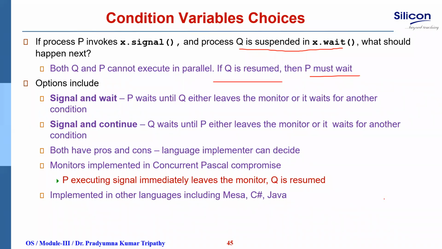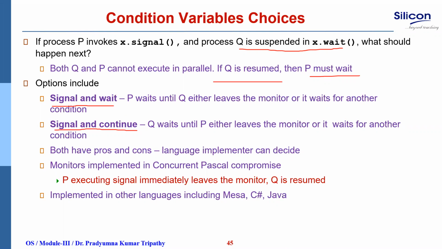So what options can we include here? With the condition variable, we may have either signal and wait, or signal and continue. With signal and wait, P waits until Q either leaves the monitor or waits for another condition.